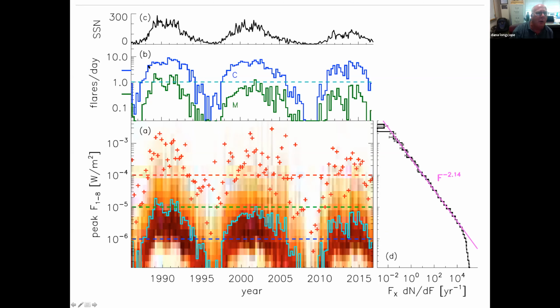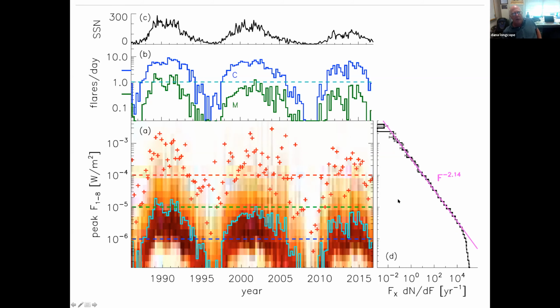It gets up to almost 10 per day. The number of M-class flares in the green gets up just over 1 per day at solar max. In this last cycle, not quite 1 per day. Okay, so this is how the sunspot cycle and this power law distribution figure in.